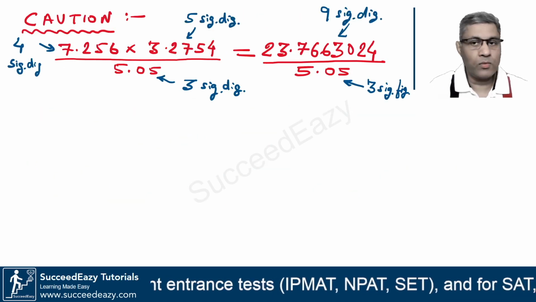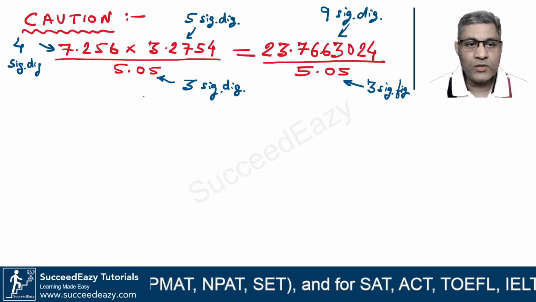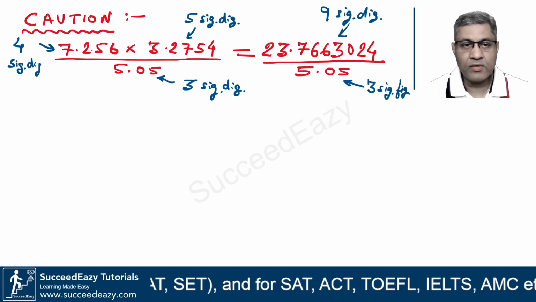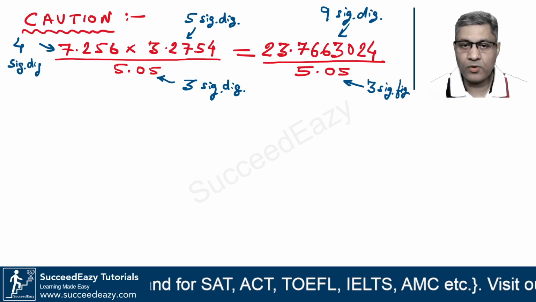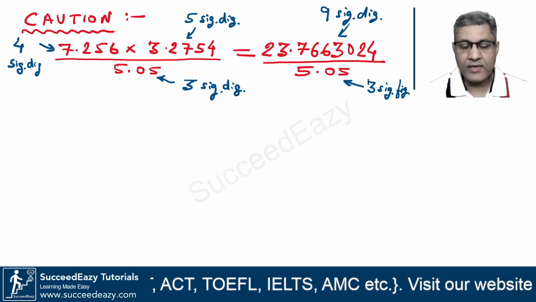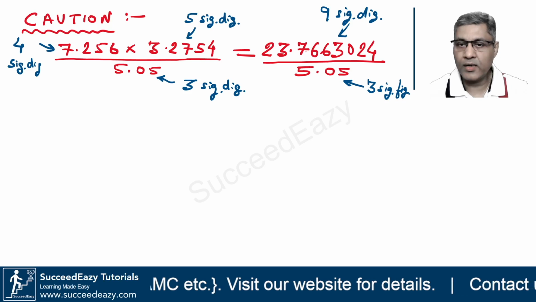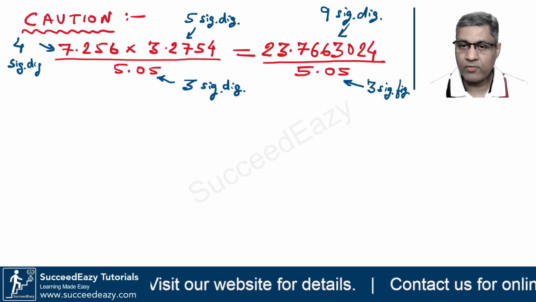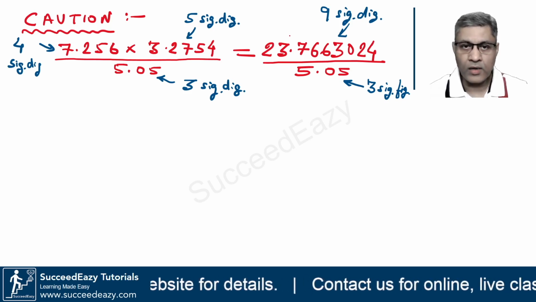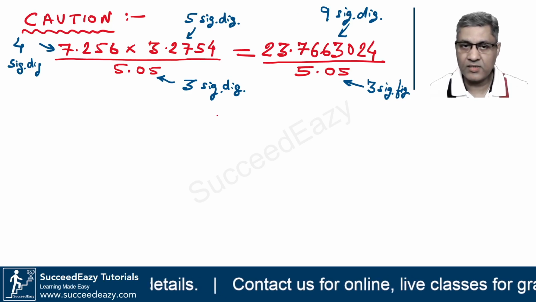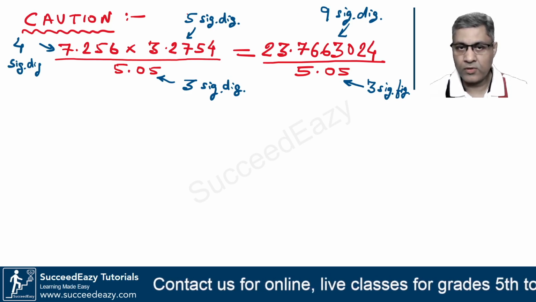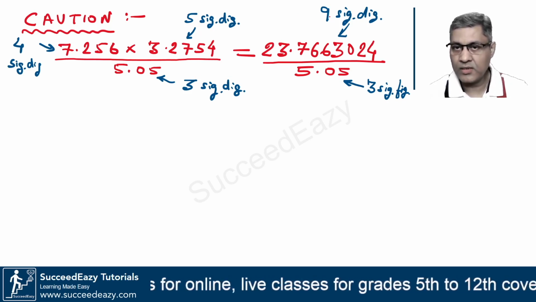Okay. Now here there is a word of caution. Let's say you take this number 7.256 multiplied by 3.2754 and then divide it by this 5.05, okay? So as to get this number, 23.7663024 divided by 5.05. Now look, I have plotted the significant digits as you can see. So this has 4, this has 5, this has 3.